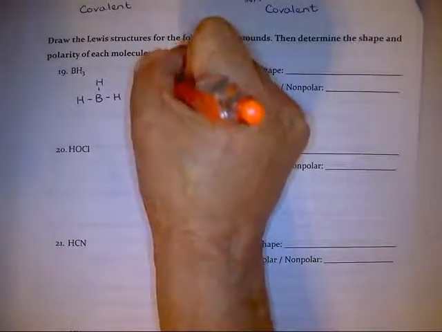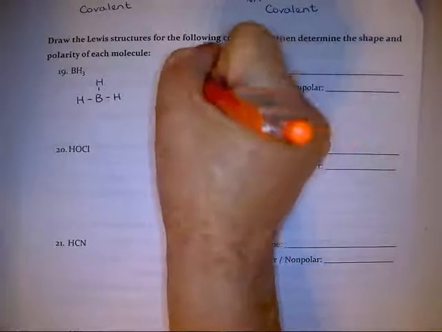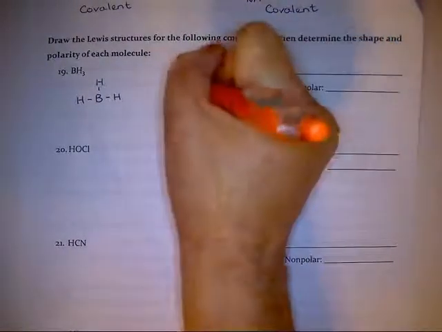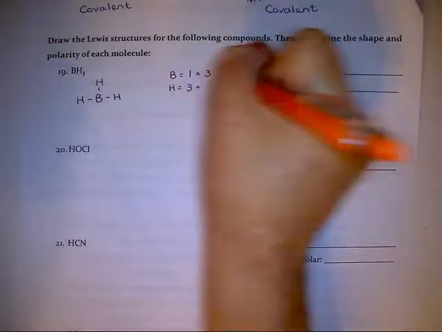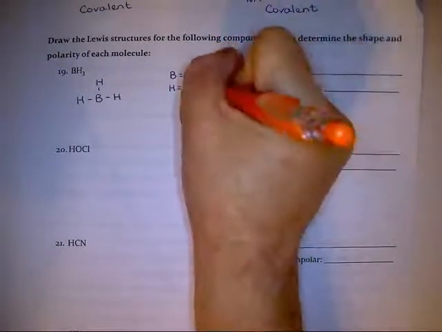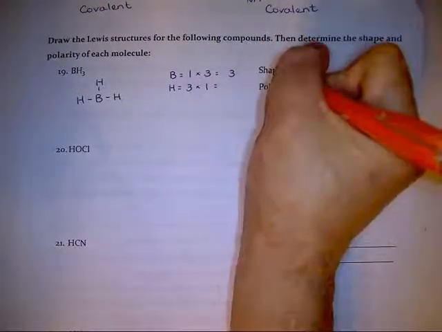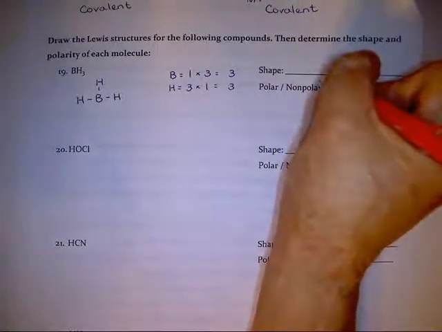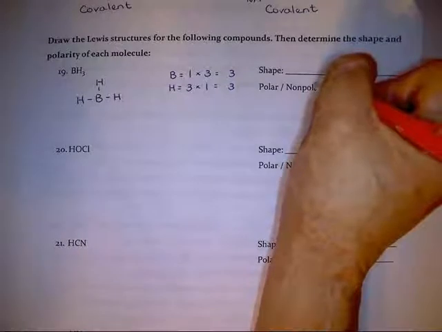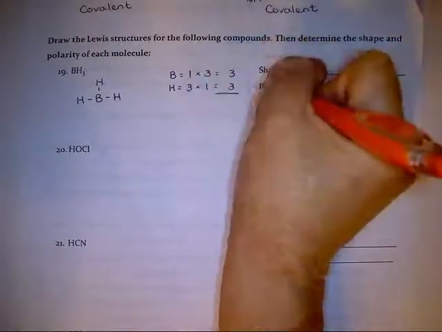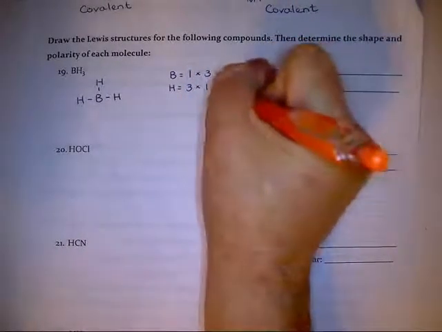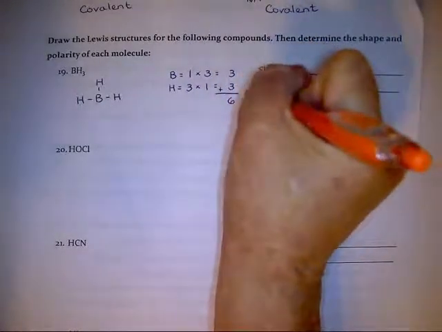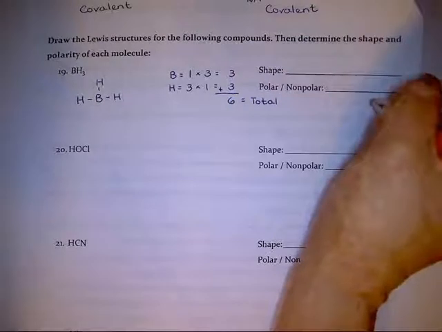Now, from hydrogen, there are 3 hydrogen atoms in this molecule, and each hydrogen atom is contributing 1 valence electron. So 3 times 1 is 3, meaning that there are 3 valence electrons being contributed from the hydrogen. 3 plus 3 gives you 6. That means that this is the total number of valence electrons.